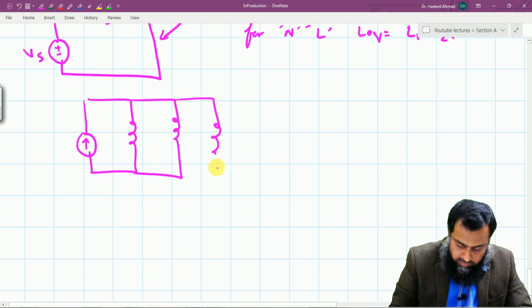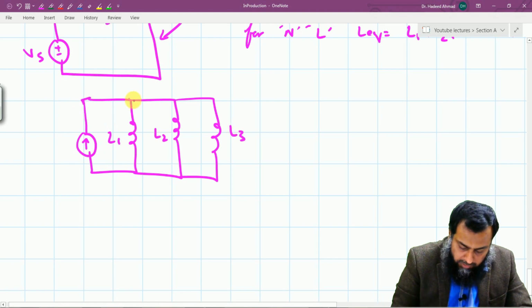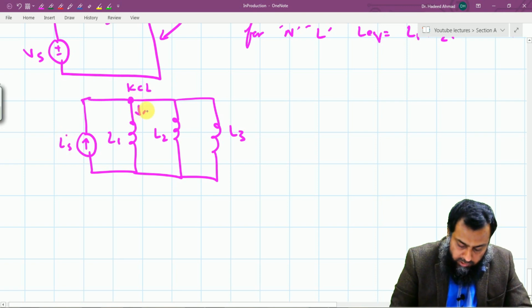and this is L1, this is L2, and this is L3. Then we have to apply Kirchhoff's current law here. We have the current IS flowing into this node, and it divides into IL1, IL2, and IL3.